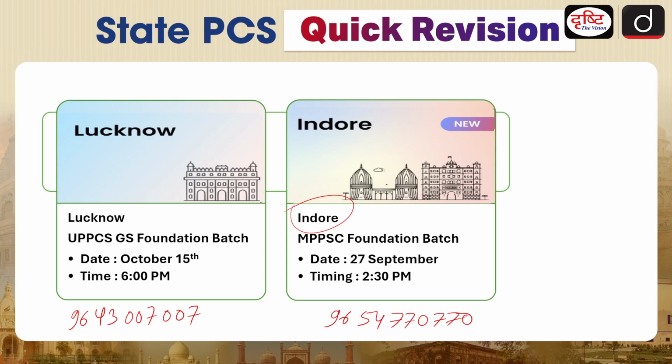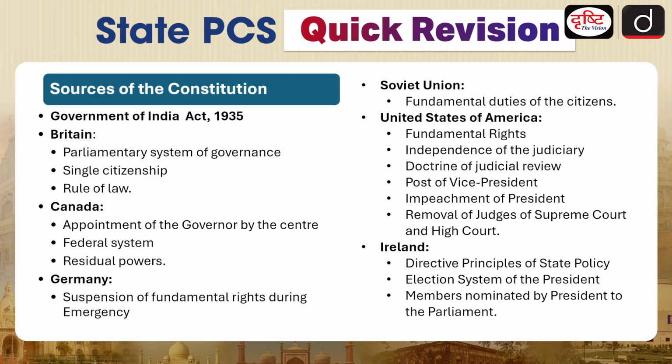Okay, with that, we'll be moving forward with the discussion, starting with the sources of the constitution. When we talk about the Indian constitution, you know that it is a very vast document whose provisions were taken from various different constitutions over the world. At the time our constitution was being framed, many constitutions had already seen the light of day.